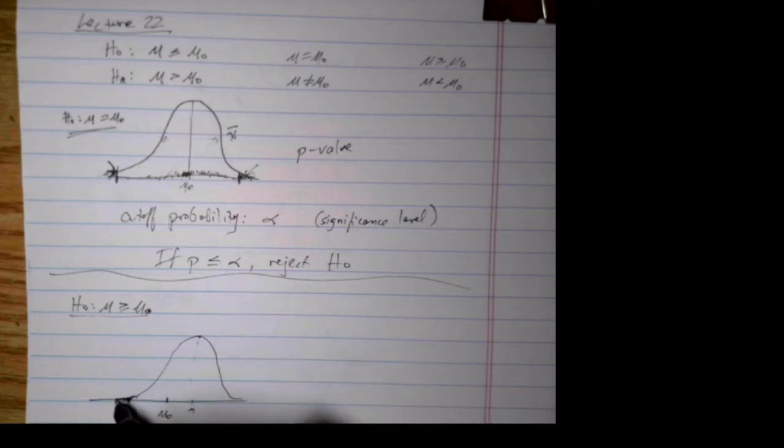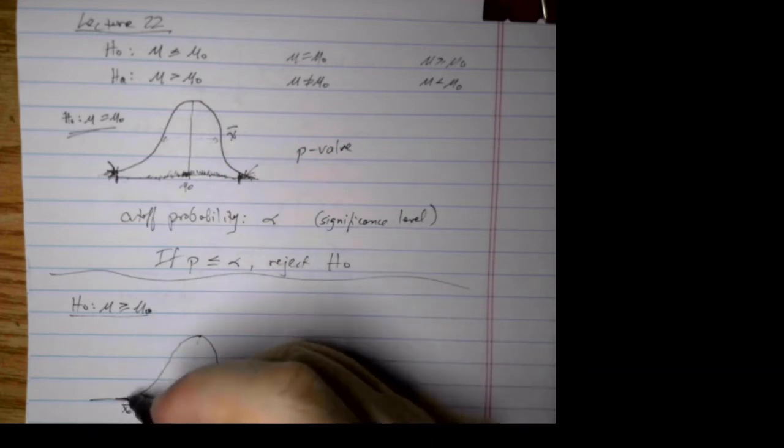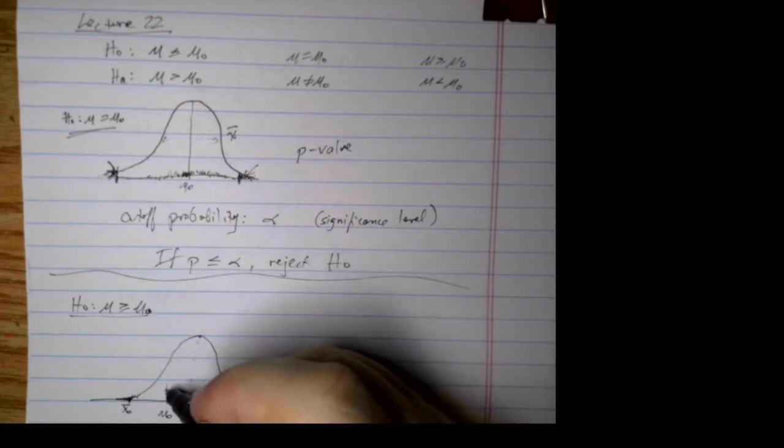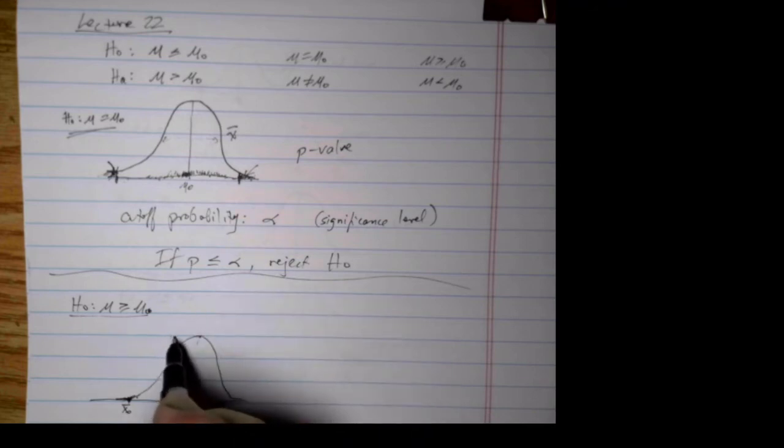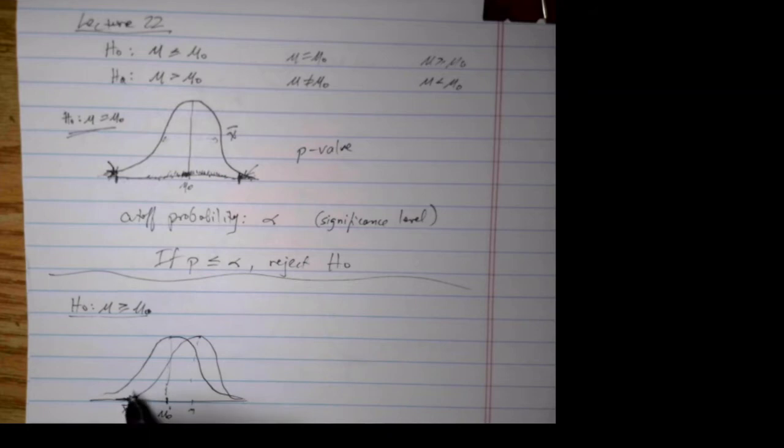Well, what's the maximum that probability could be? The maximum that probability could be, so the best chance we can give this null hypothesis as being true, is if we actually assume that mu is equal to mu naught. That would make the sample means curve look like this, and now the area to the left of x-bar naught is larger.